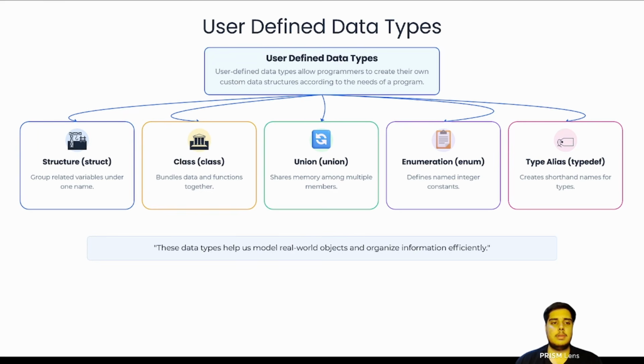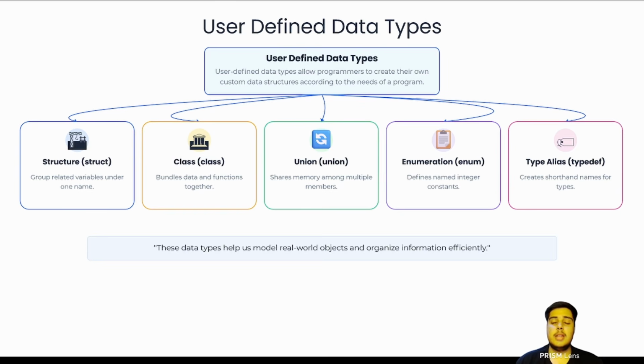User-defined data types: structure, known as struct, class, union, enumeration, known as enum, and type alias, known as typedef. A structure is used to group related things into a single variable under one name.